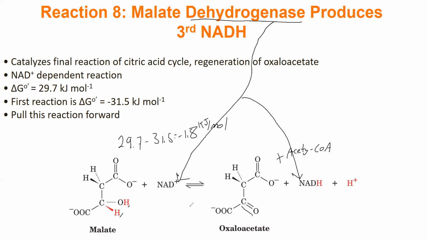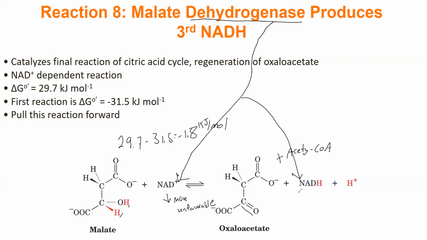That is not true if NAD plus is low, because the lower this gets, the more unfavorable this reaction becomes. And even if you have acetyl-CoA available, this reaction won't run unless you have also NAD plus available. So this is a good way for regulation, right?